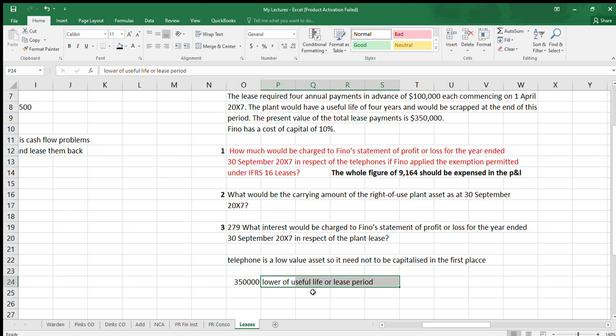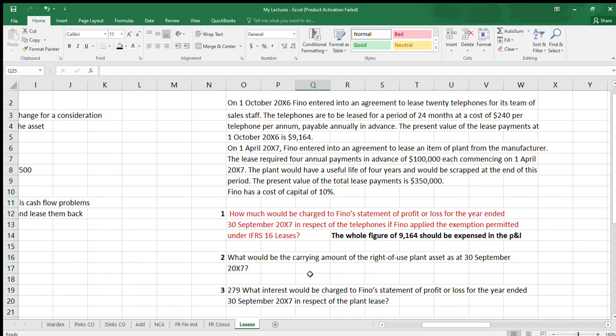So the two figures, the one that is lower, that is what you have to use for your depreciation. So if the useful life is 2 years and the lease period is 3 years, you depreciate the asset for 2 years. But if the useful life of the asset is 5 years and the lease period is 4 years, you depreciate the asset for 4 good years.